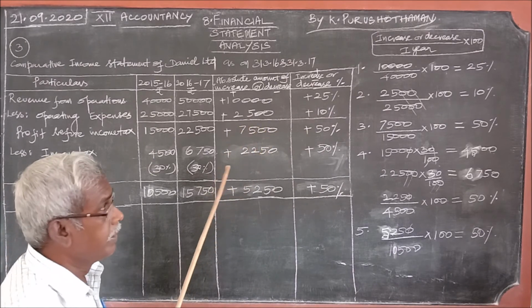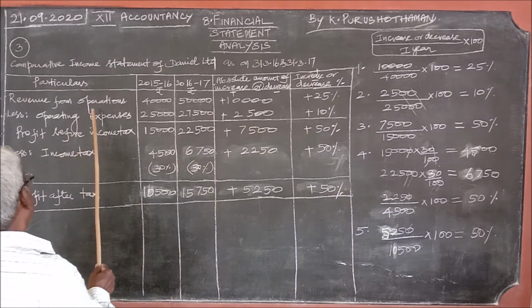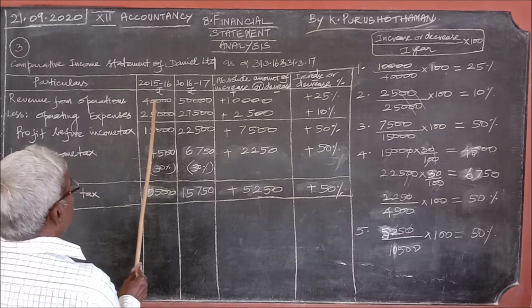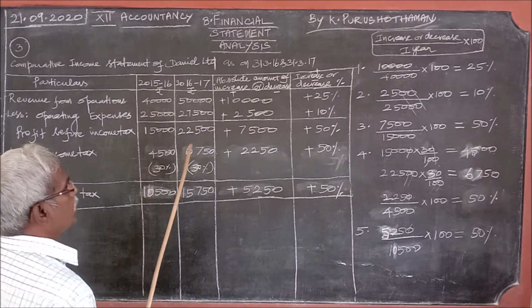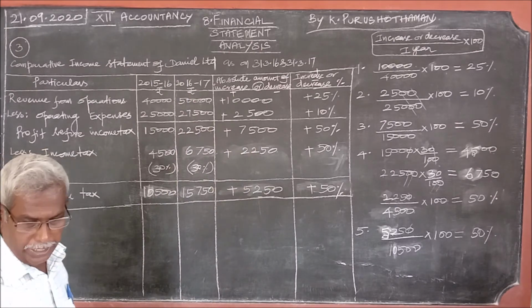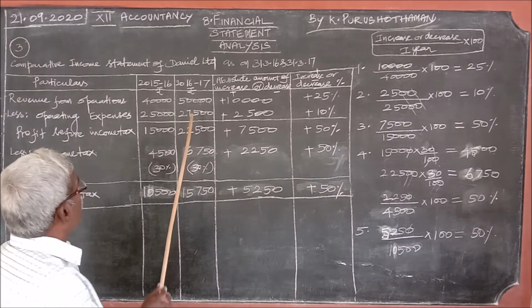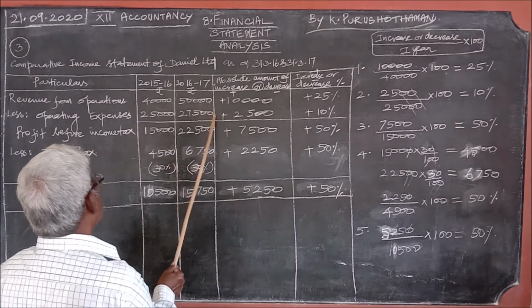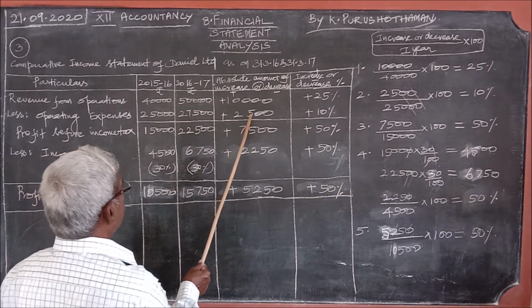Then, the next item given in the book is operating expenses. First year operating expenses 25,000. Second year operating expenses 27,500. Therefore, increase in expenses is only 2,500.